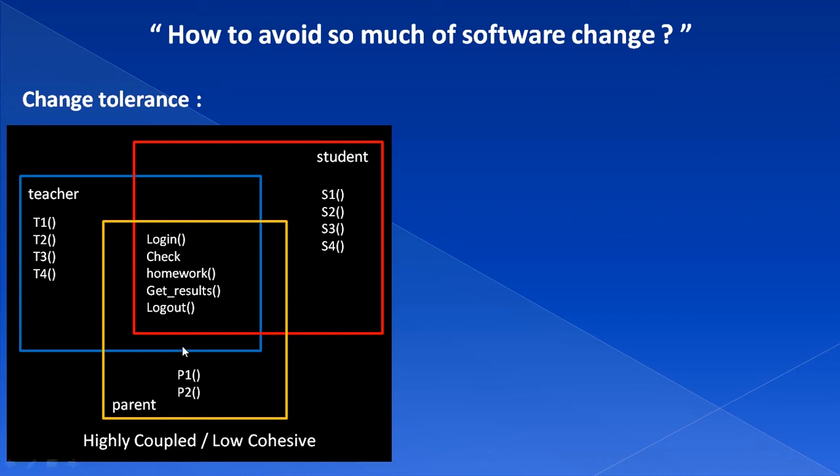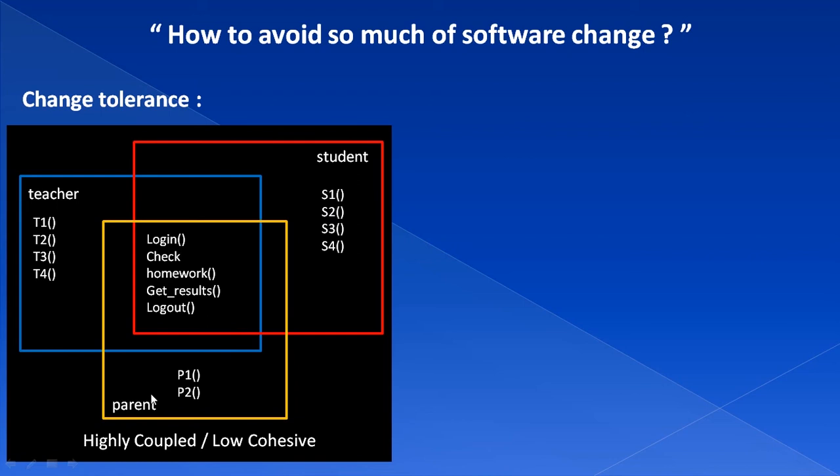Now, a disadvantage of this is that imagine a problem comes up where a teacher cannot log into the system, right? Then they have to close down the login module and check the code. While you are repairing the login module, a student or a parent may not be able to log into the system, because the login module is common to all parents, students, and teachers.